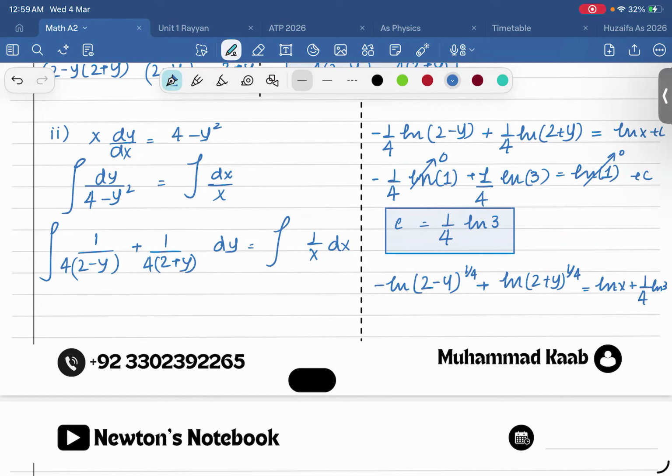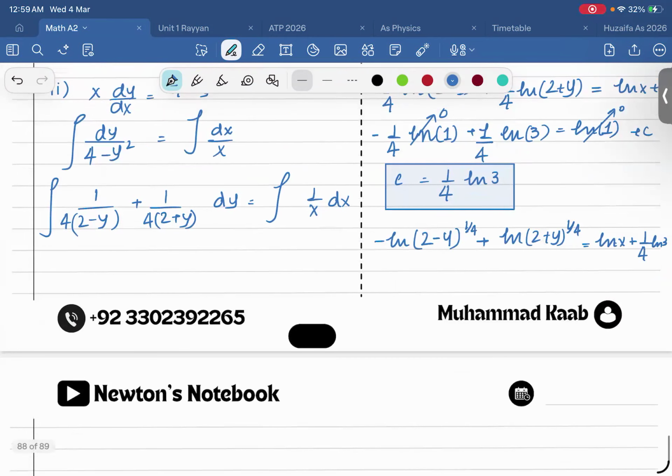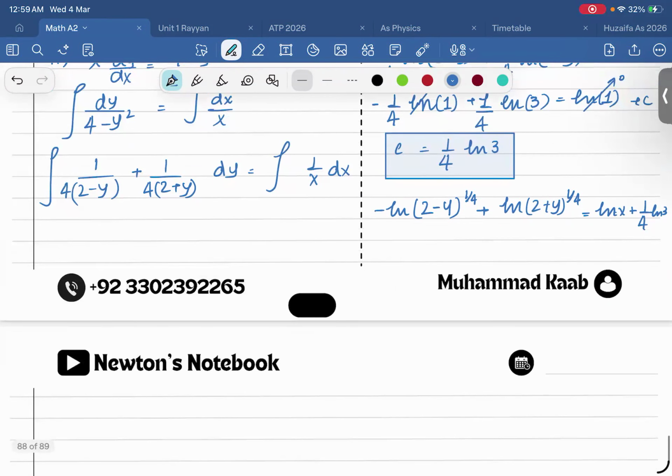Now, if you take them common, since I have to make y the subject, I have to remove the power as well. You can just remove it by raising to the 4th power.